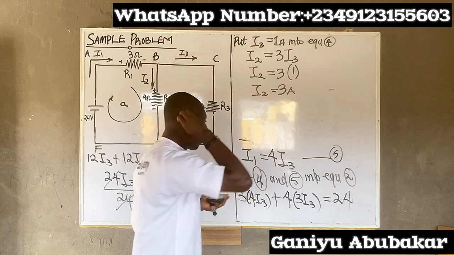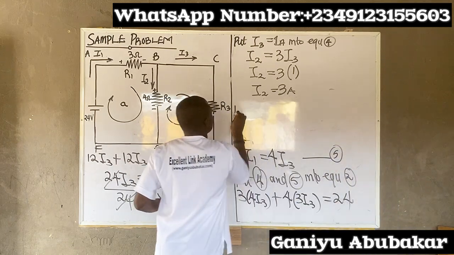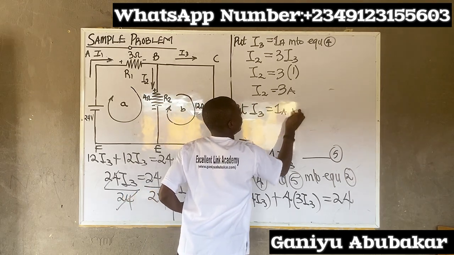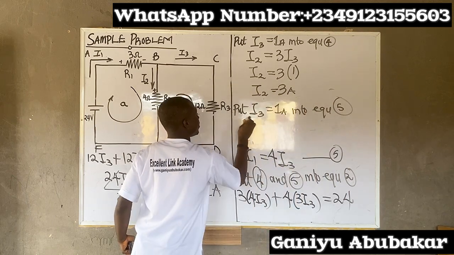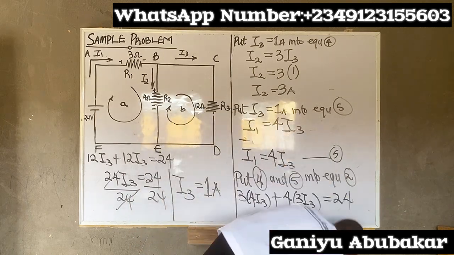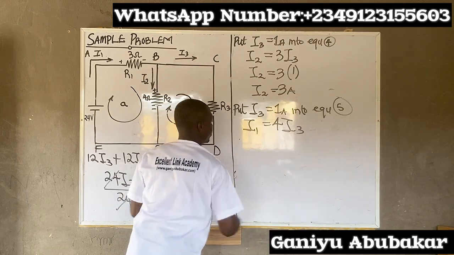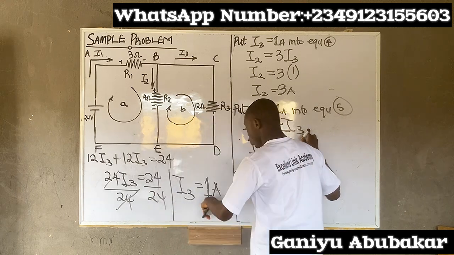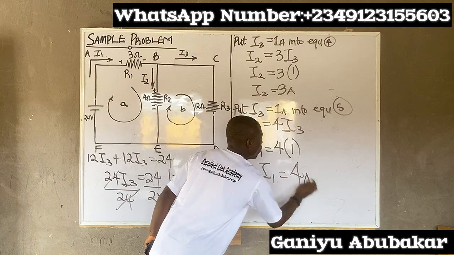Let's get I1. How? Recall equation 5. So put I3 equal to 1 ampere into equation 5. This one says I1 equal to 4I3. From here, I1 equal to 4 into 1. This one gives you I1 equal to 4 amperes.